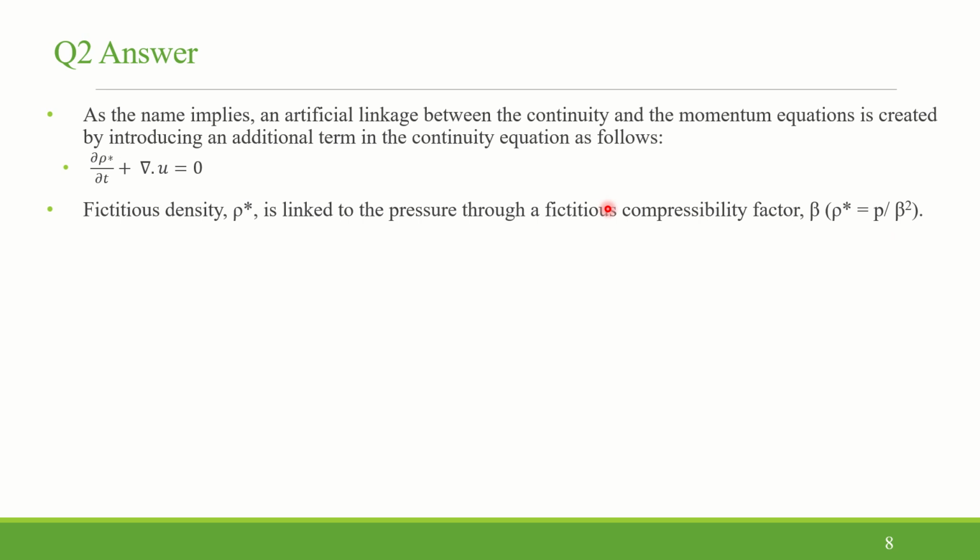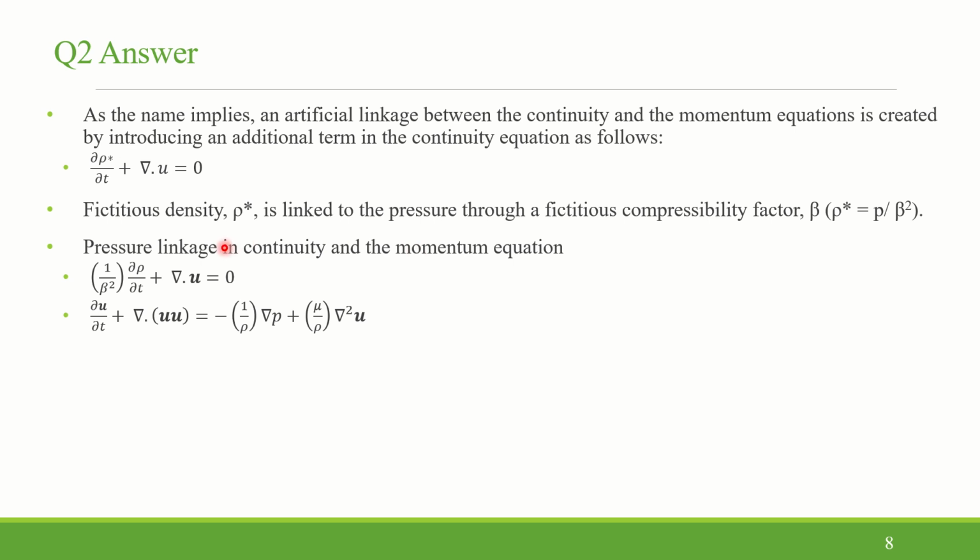Since it was difficult for the pressure velocity decoupling, what Chorin in 1967 had done is that he introduced an additional time derivative of fictitious density, dou by dou t of rho star, in the original incompressible continuity equation. So it becomes dou by dou t of rho star plus del dot u equal to 0. So this is the new continuity equation, and here rho star is the fictitious density linked to the pressure through the fictitious compressibility factor beta, where rho star equal to P by beta square.